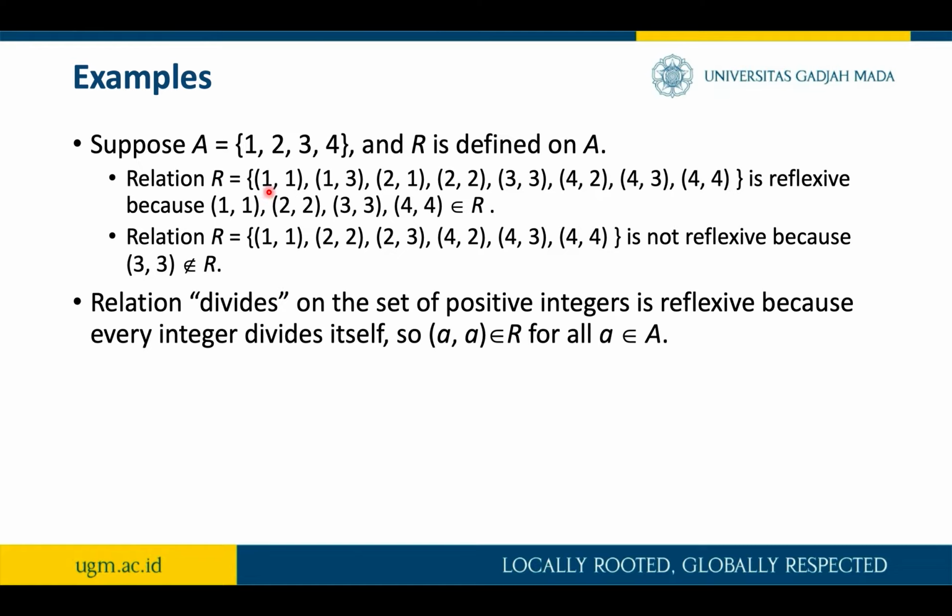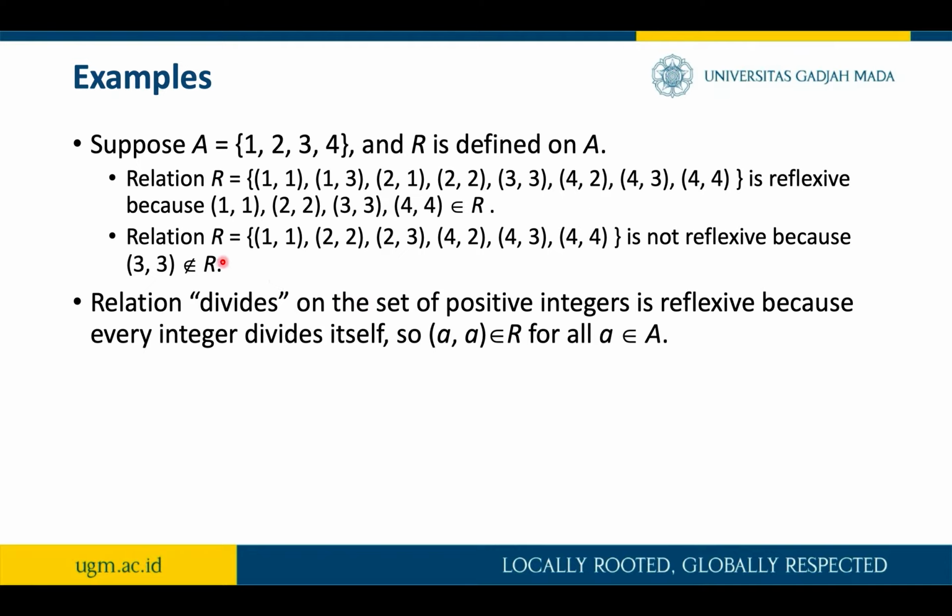We have (1,1), (2,2), (3,3), and (4,4) as elements of R. This kind of relation is a reflexive relation.